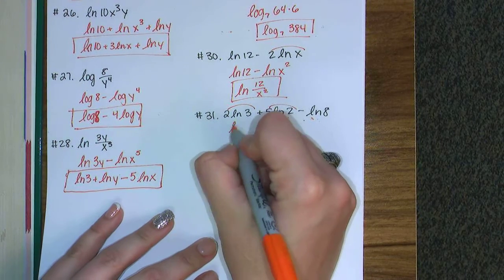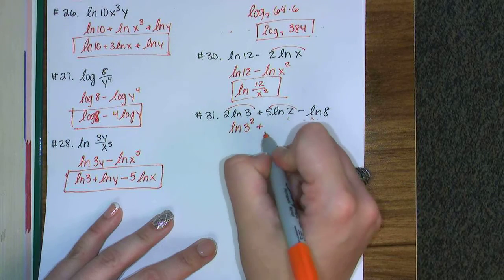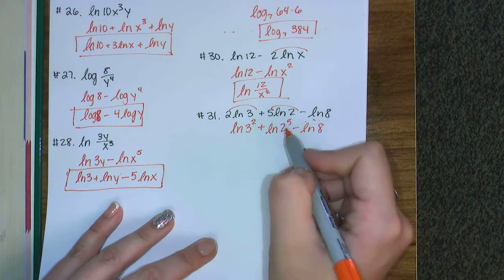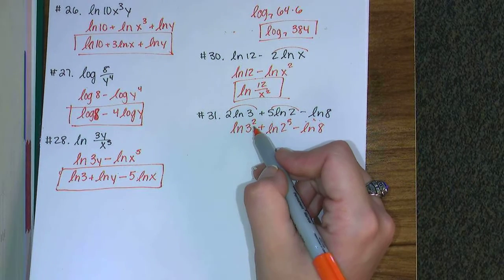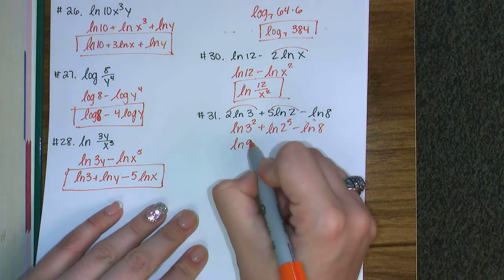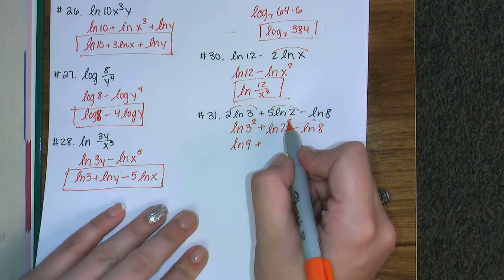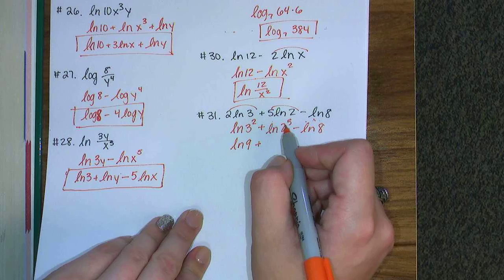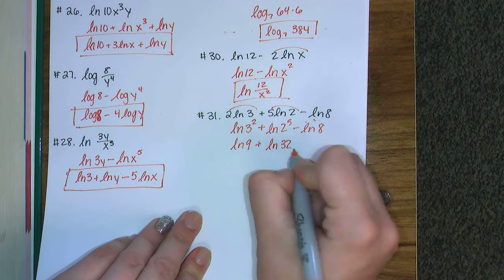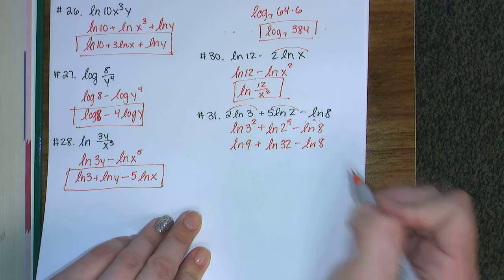So I get the ln of 3 squared plus the ln of 2 to the 5th minus the ln of 8. Now, I would go ahead and rewrite this. 3 squared is 9, so ln of 9 plus 2 to the 5th is 32. So ln of 32 minus the ln of 8.